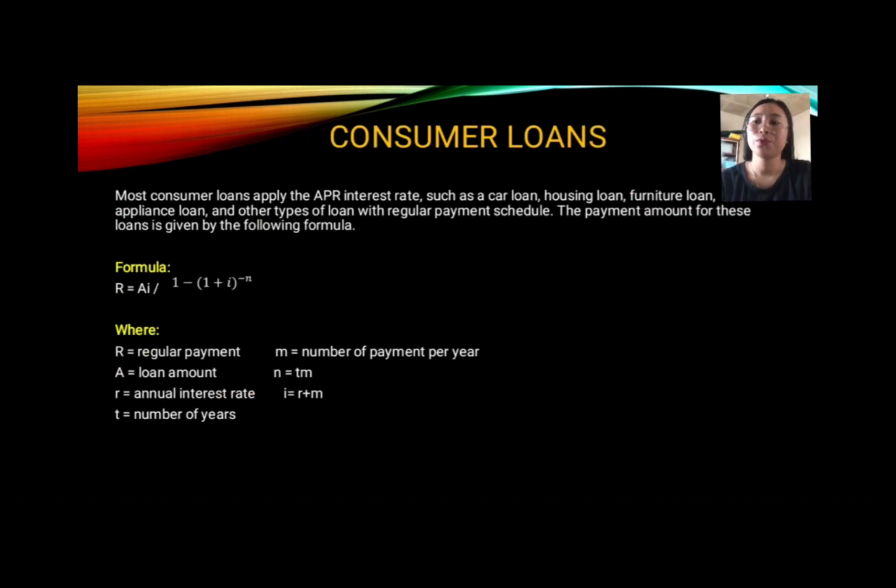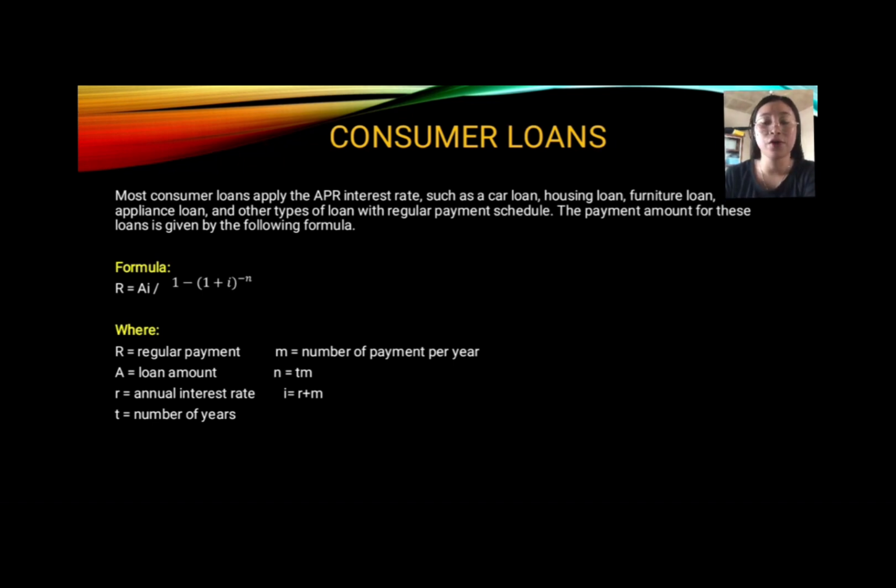So next, I will be going to tackle consumer loans. Most consumer loans apply the APR interest rate, such as a car loan, housing loan, furniture loan, appliance loan, and other types of loan with regular payment schedule. The payment amount for these loans is given by the following formula.